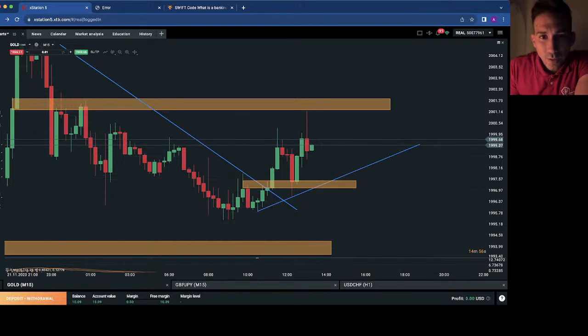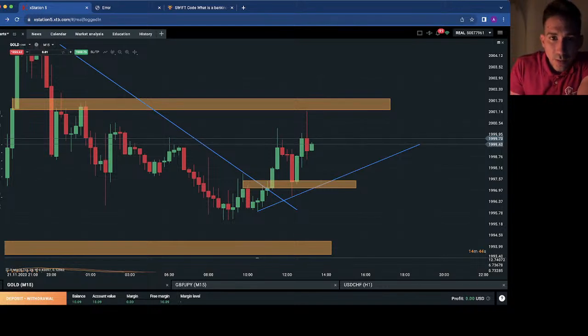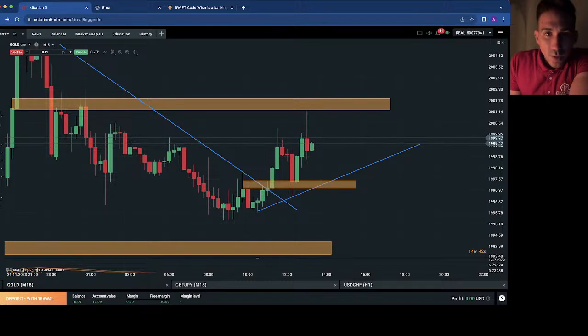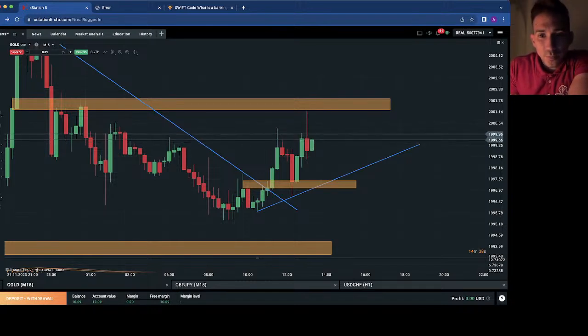Okay, next candle is here. So if it turns, if we make a rejection, if it turns red, then we're going to place our trade. But we actually don't react to the wick.